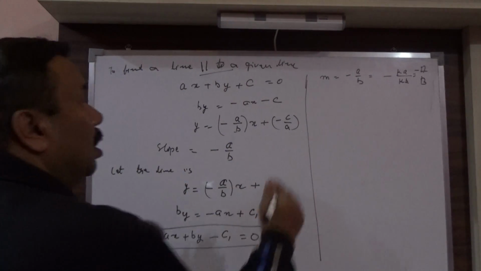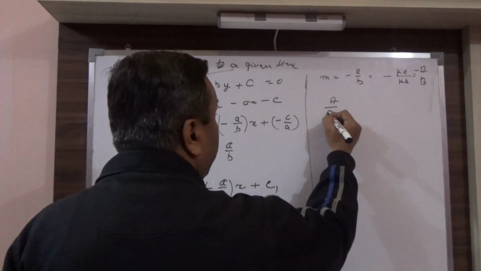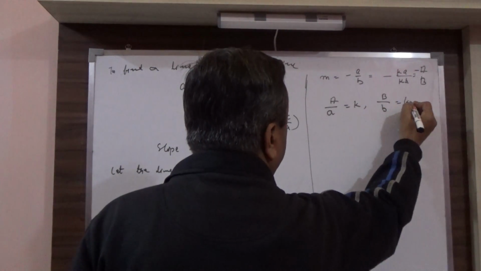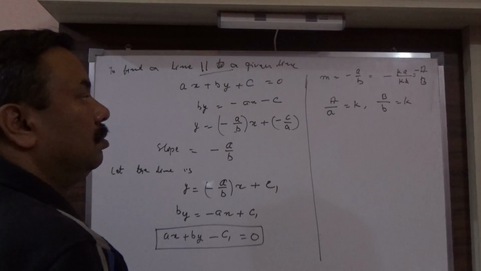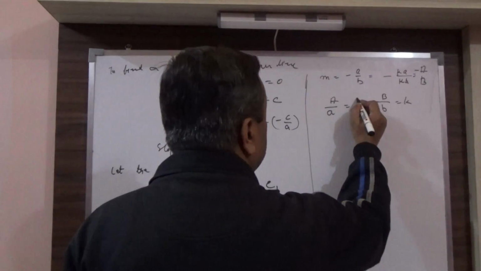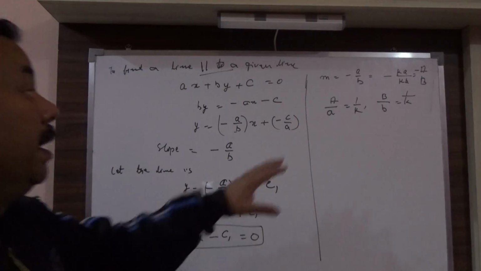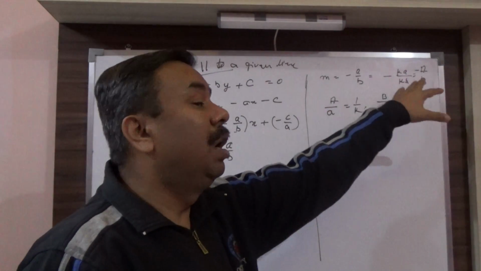That means a over small a is k and b over small b is equal to k, or 1 by k, sorry. Means the ratio of these two are same.